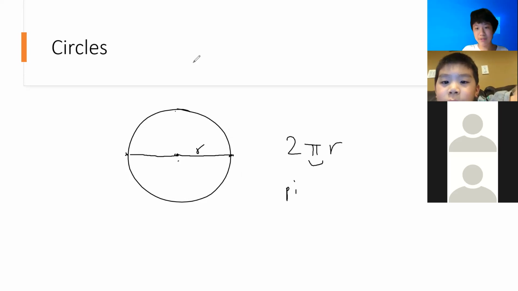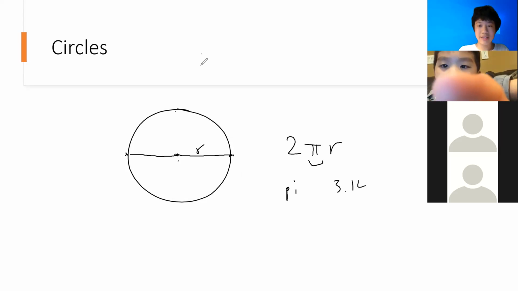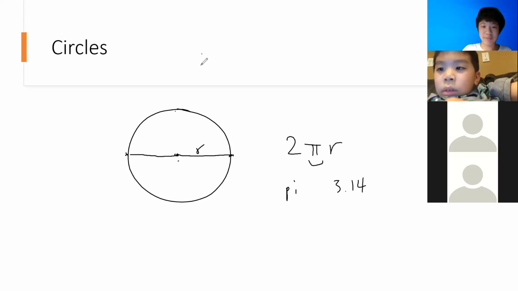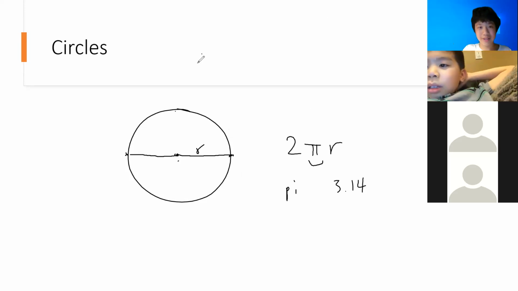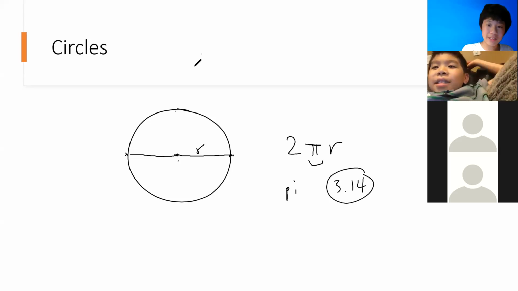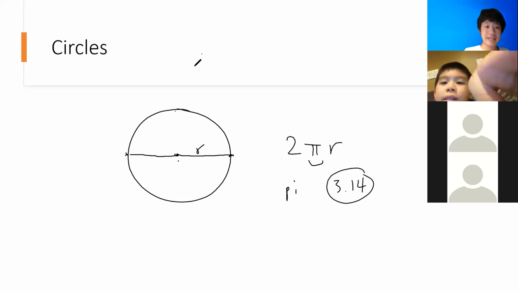And this number basically relates a bunch of things that go on with circles. If you want to have a close estimate, it's around 3.14. But this number goes on forever and ever and ever. Okay? So if we multiply this number by 2 and the radius, we'll get the perimeter of the circle.